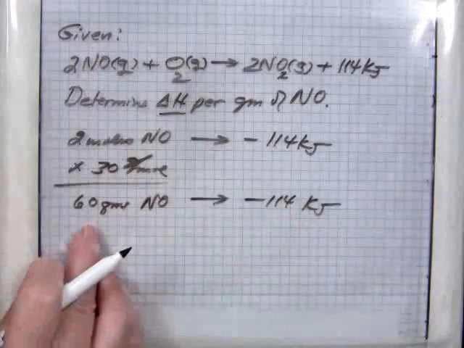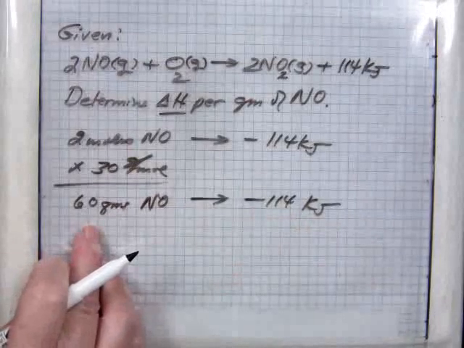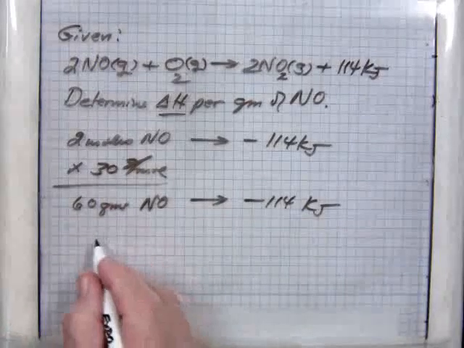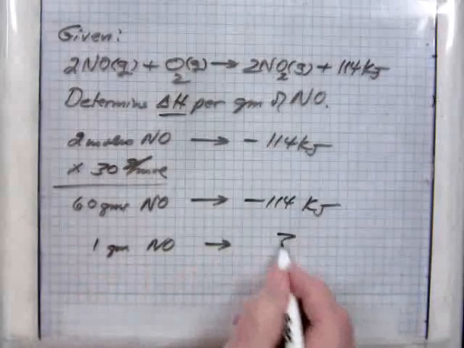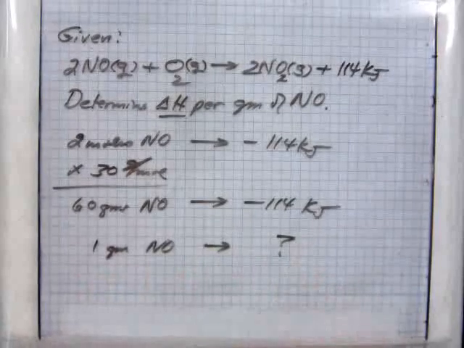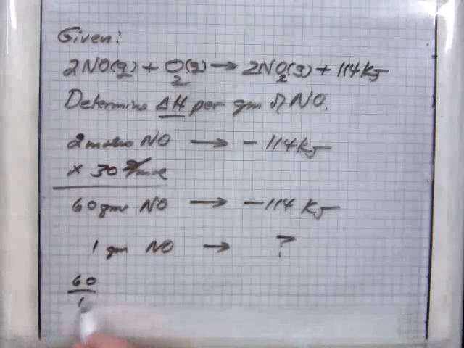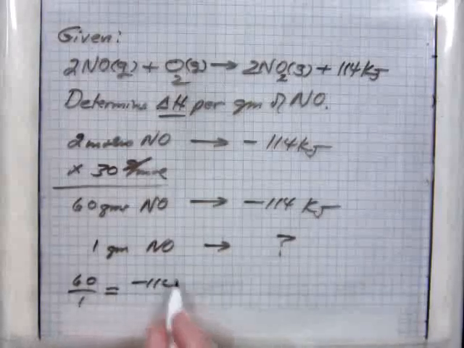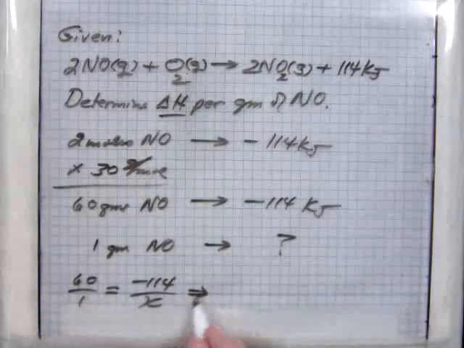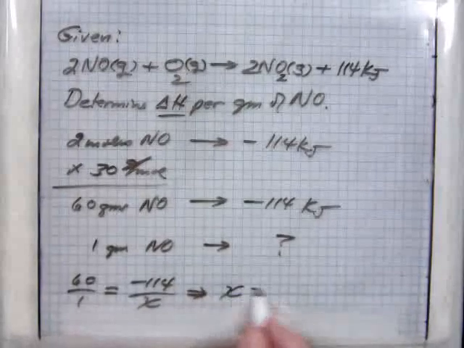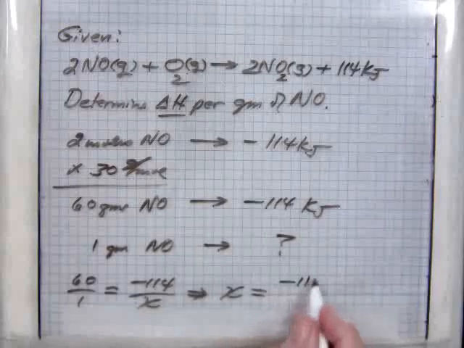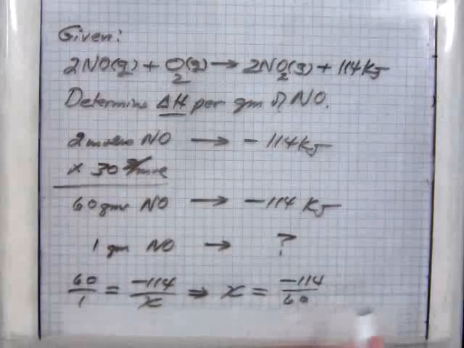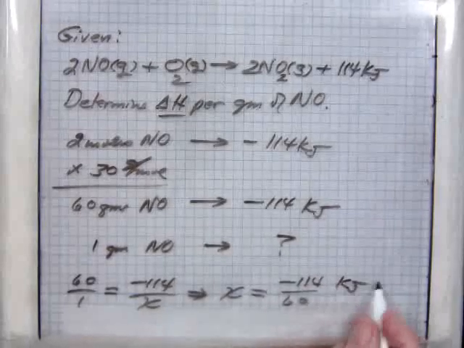Now, what they want to do is get this per gram. So, what is the energy change for 1 gram of NO over here? So that's one way to set it up. So you have 60 over 1 equals a minus 114 over X, and you have X equals a minus 114 over 60 kilojoules per gram.